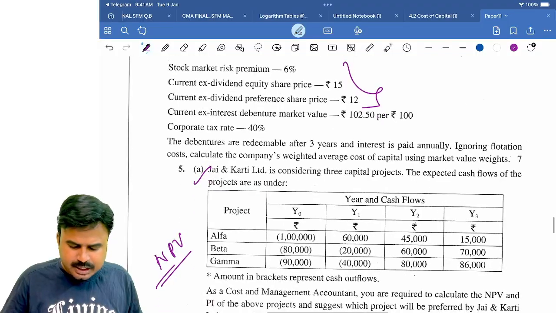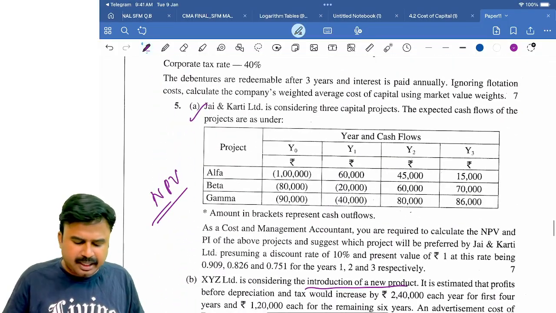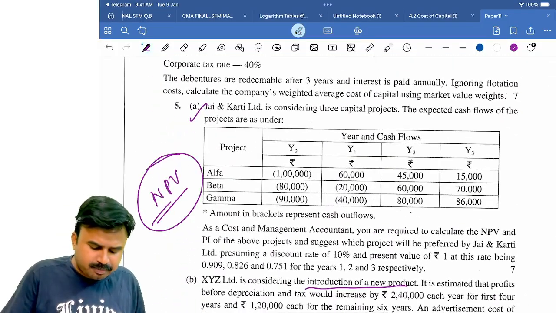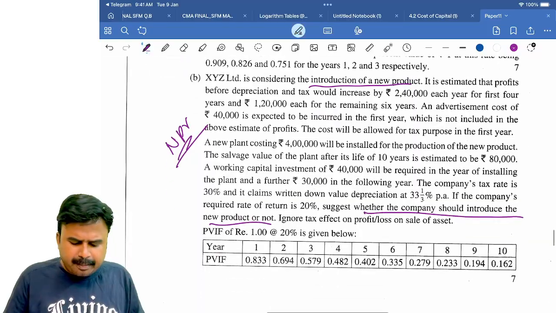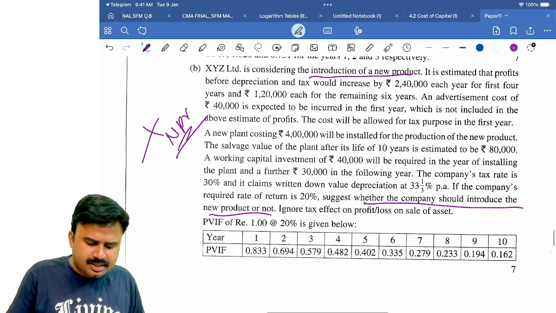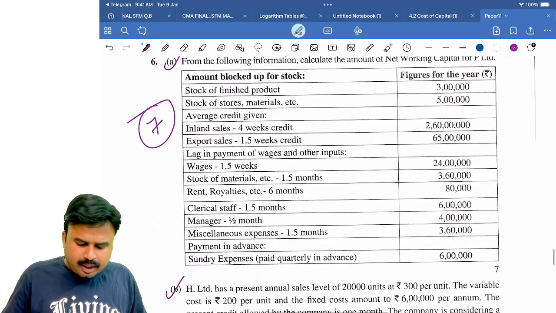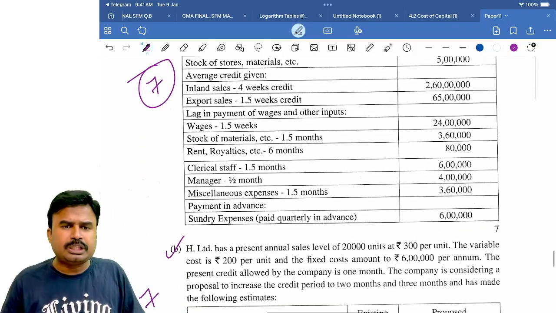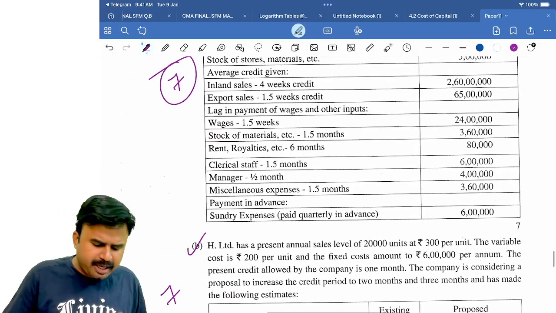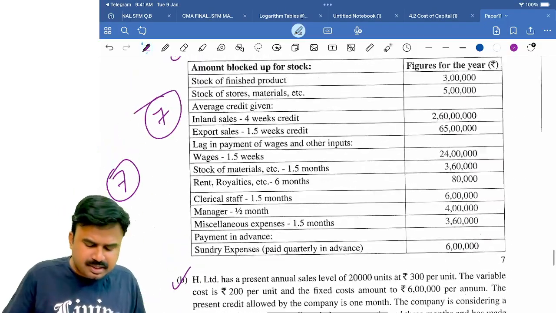And then the next question, this NPV calculation, definitely you should have attempted. This will give you 7 marks. If you are not good at attempting 7B, I'm ignoring this. Next one is working capital management. One out of these two questions you should have attempted definitely. So I'm taking only 7 marks out of these two questions.